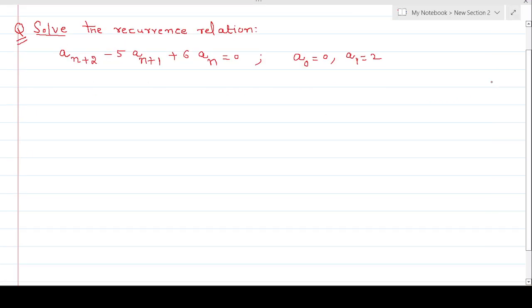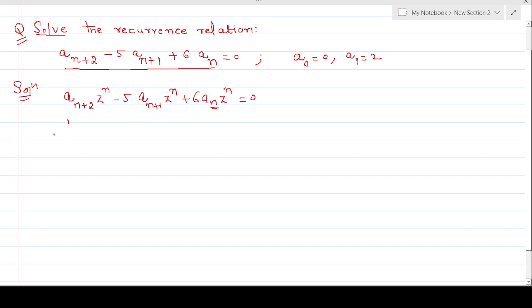You people are aware that the first step is to multiply this recurrence relation with z raised to the power n. So a(n+2) into z raised to the power n, minus 5 times a(n+1) into z raised to the power n, plus 6 times a(n) into z raised to the power n equal to 0. Now you see that in the previous question we started running the summation from 2, but here if you set n value equal to 0, this is the least subscript, and it does not become negative.